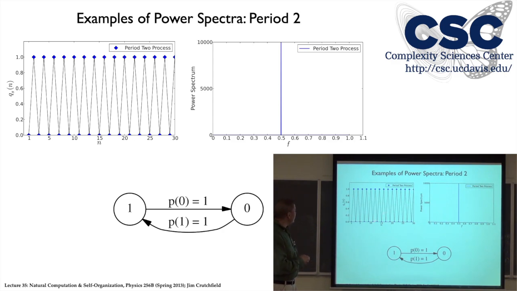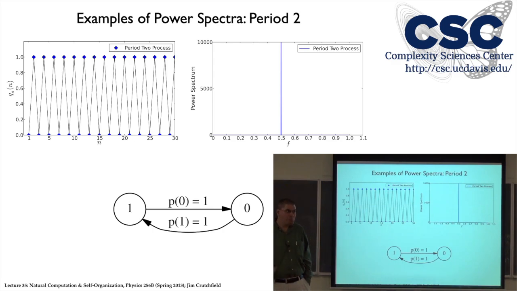Now, the period of this is a little bit easier to see here, but the period of this you would think is 2, because I go 1, 0, and I'm back to where I started, period of 2. And we see that all of the power spectrum is located at a frequency of 1 over 2, or 1/2. And I don't get any contribution to the power spectrum anywhere else.